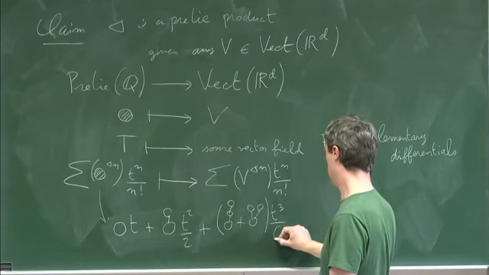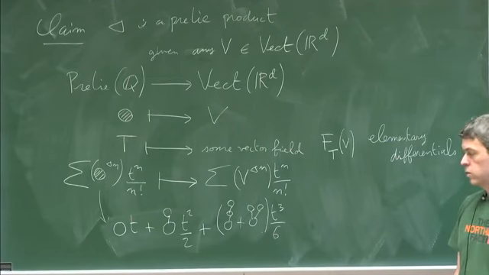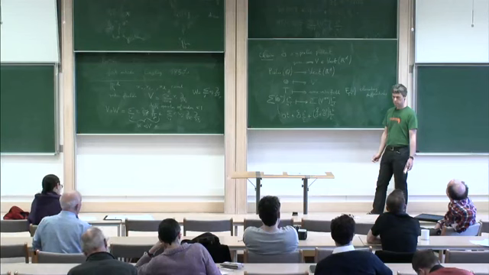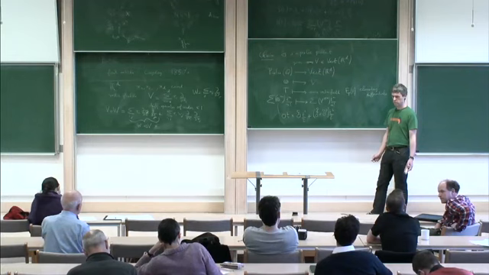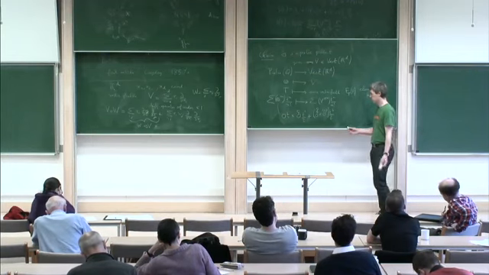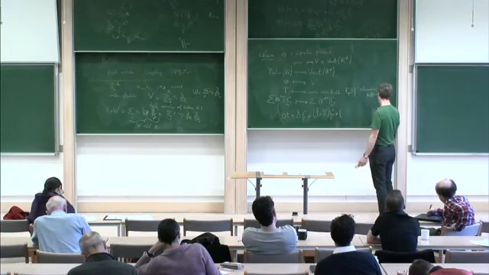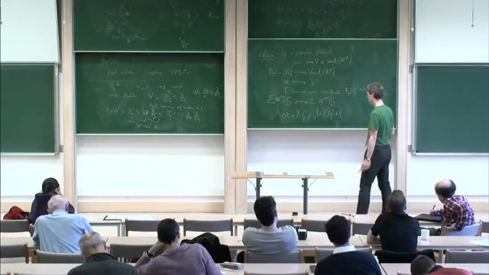Is this related to Connes-Moscovici? In Connes-Moscovici it's called the natural growth operator. Yeah, so it's the same thing, the same formula. Maybe I can write just the next term.